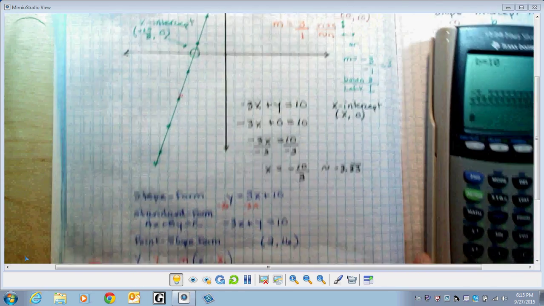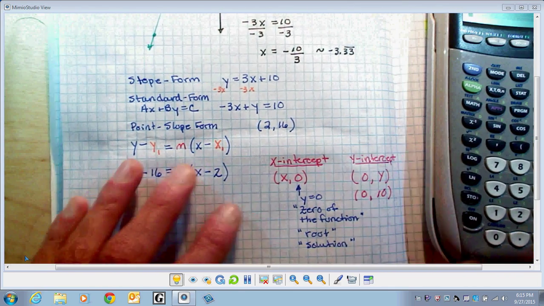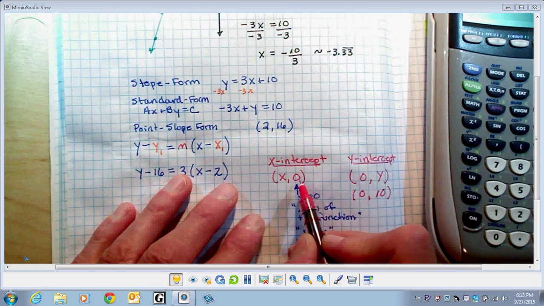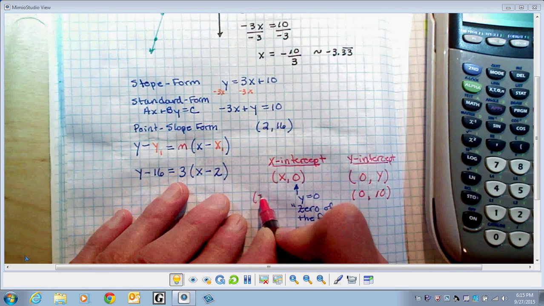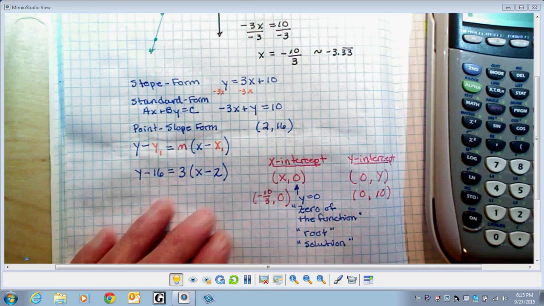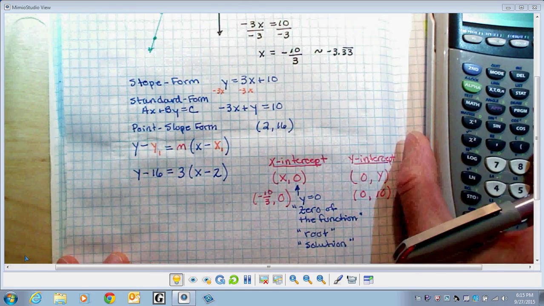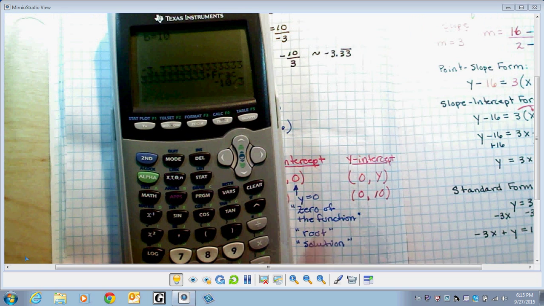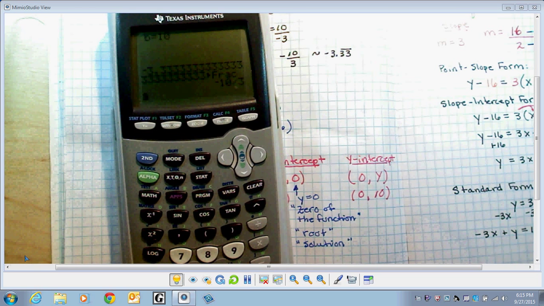So that means, going back to here, that I know that my x-intercept is negative 10/3, comma, 0. I was able to do this entire problem using my calculator and some vocabulary and a little bit of thinking through what it was that I needed to accomplish.